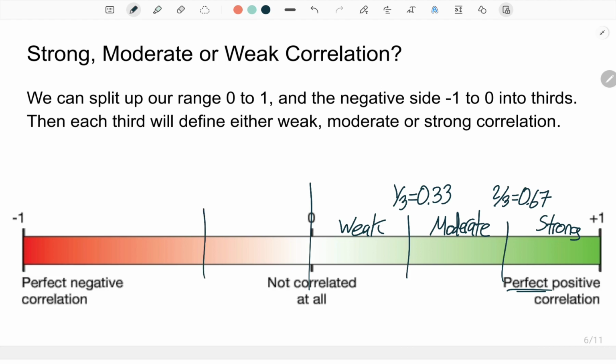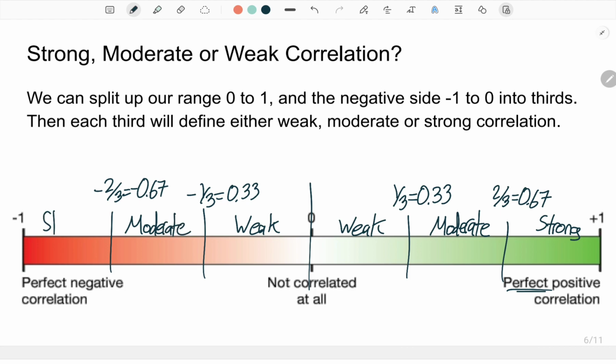Splitting it up into thirds, you could have -1/3, which is -0.33, -2/3, which is -0.67. And again, what's closer to 0 is weak. And as you move further outwards towards -1, you're getting stronger and stronger.